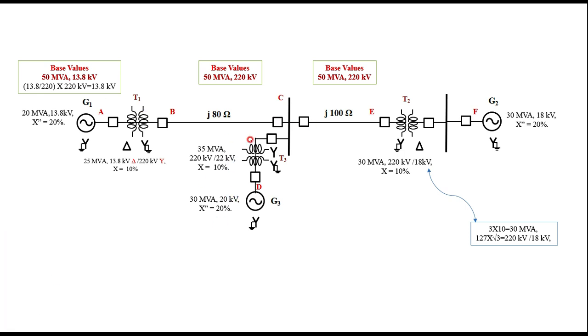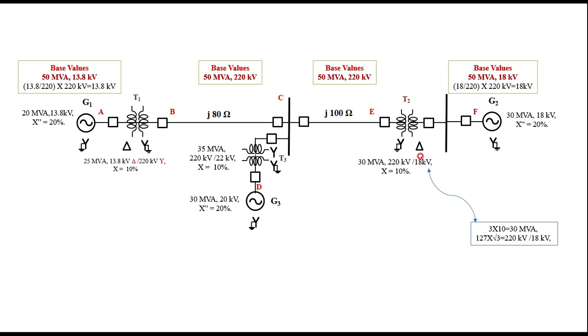Now the same base quantity should be transferred to G2 through these transformers. Now I am looking for the base quantity here. Base MVA remains the same, 30 MVA, and this 220 should be transferred through this transformer.